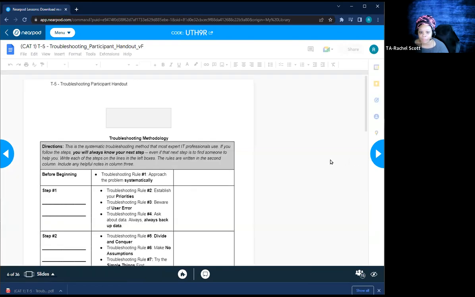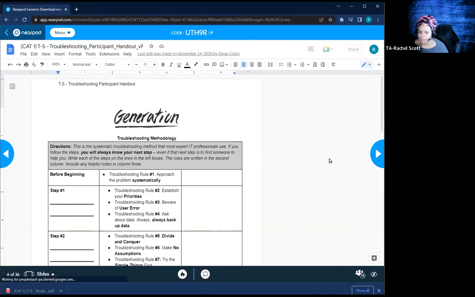So here we have a handout, and I would just download this handout, and basically you can add notes to it on your own a little bit later to describe each step, what's comprised in each step.